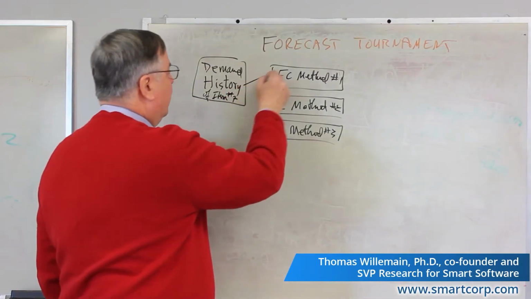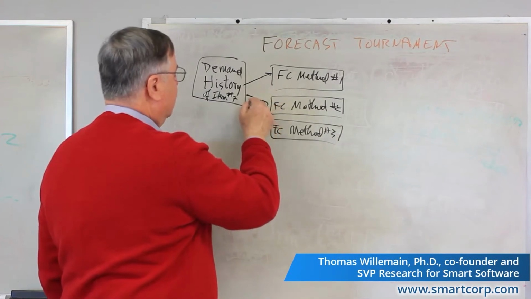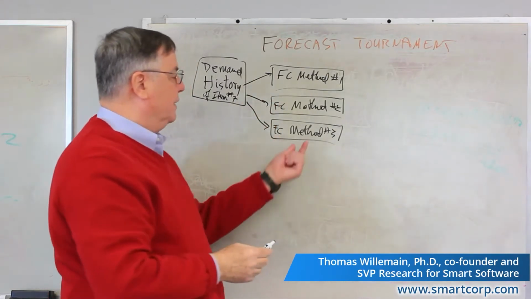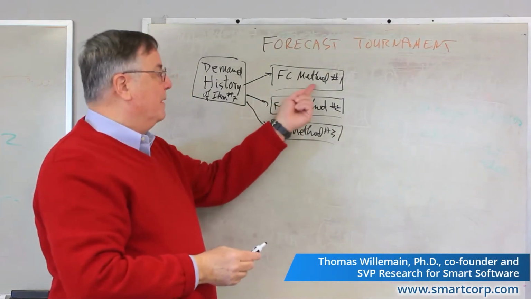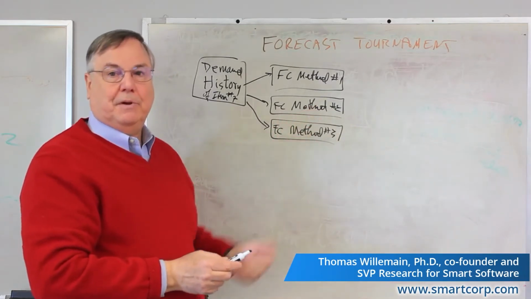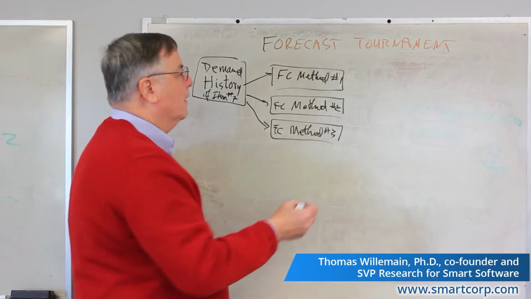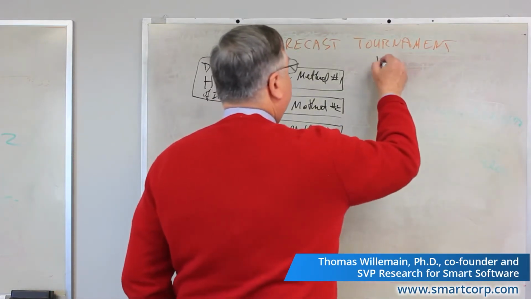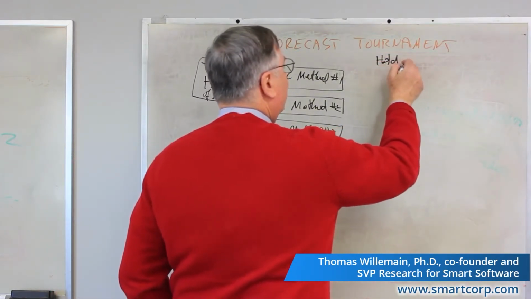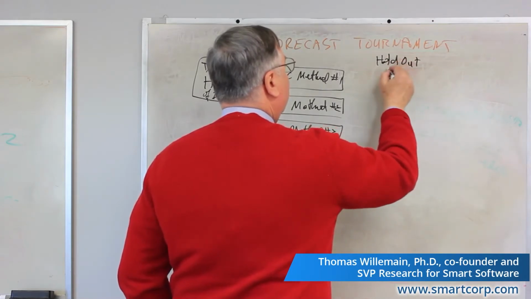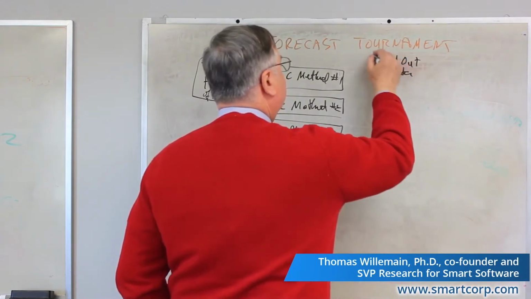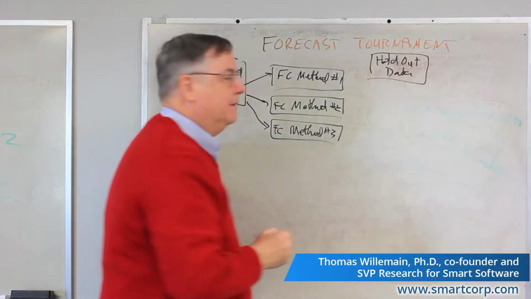So we take that demand history and we feed it into the calculations for method 1 and for method 2 and for method 3 in turn. And then, as we said before, we have separately held out some of the demand history.